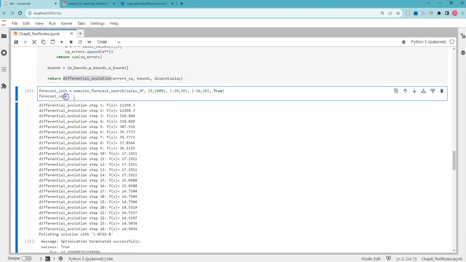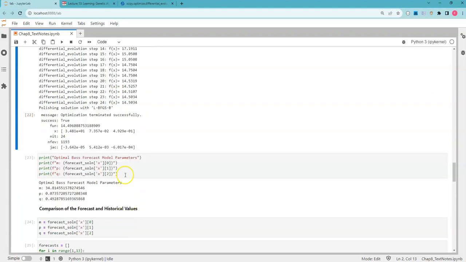If I run this, you start to see the fitness function decrease as I move forward. These should be the squared error terms. You can notice they start off quite large, but as the solver progresses they get smaller and smaller until it terminates at a value of 14.496 for the squared error term.